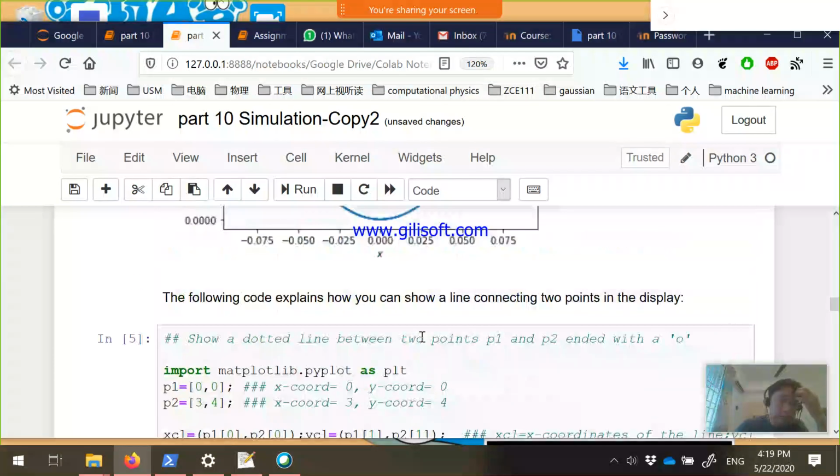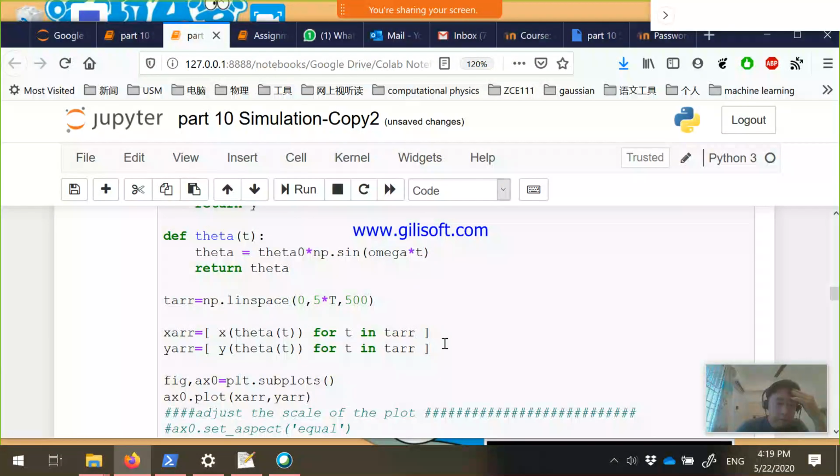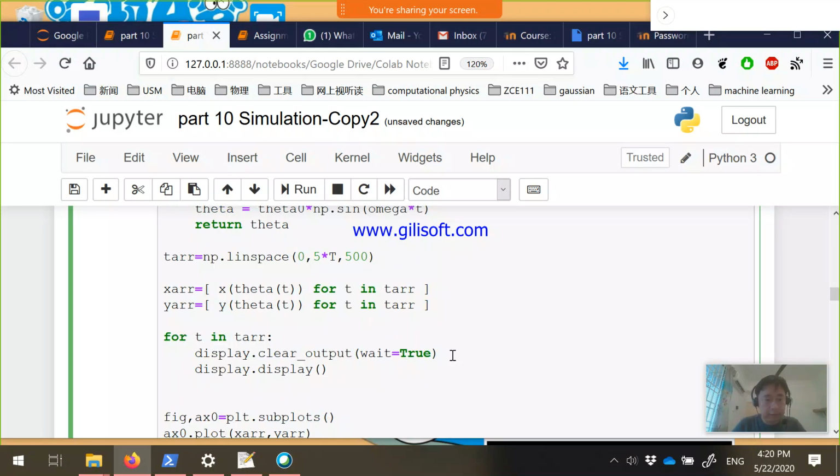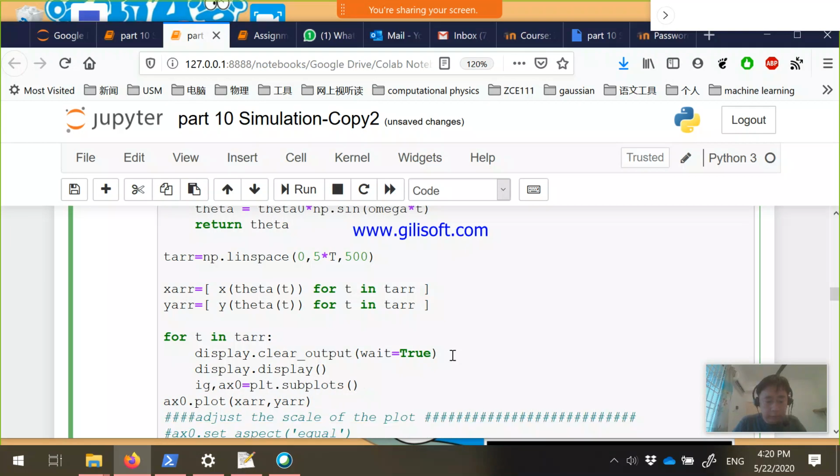What I'm going to do is show it for different times. So for each time in TARR, I prepare and clear any existing display, then prepare the display, then do the plot. This plot would be this figure, and this is my plot.